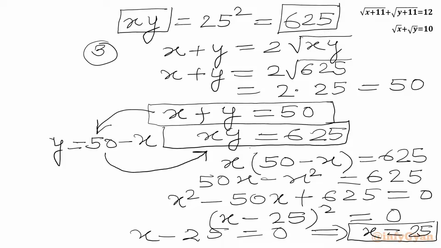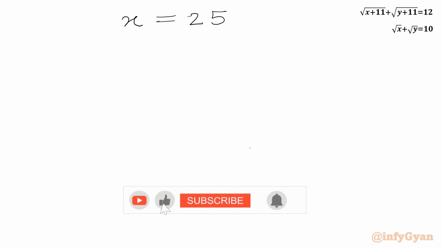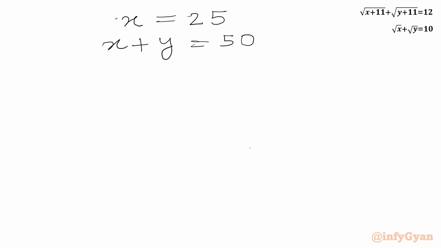x is 25. We can put the value of x over here. We'll get y. So I will write here x equal to 25. Our equation is x plus y equal to 50. Now we will plug in the value of x here.